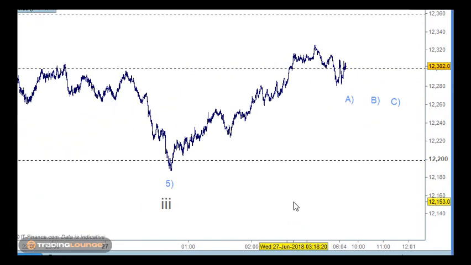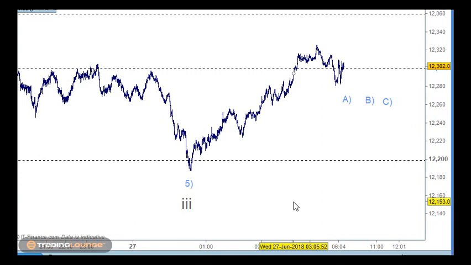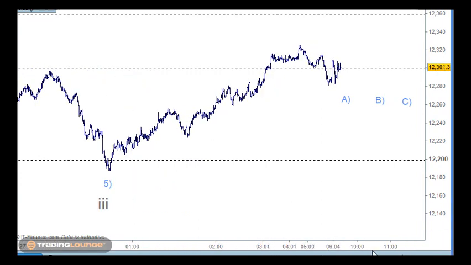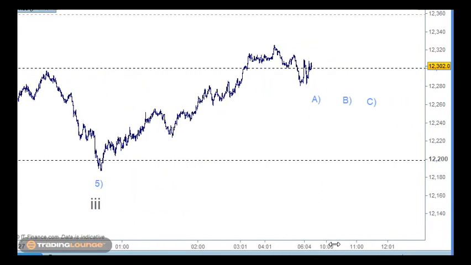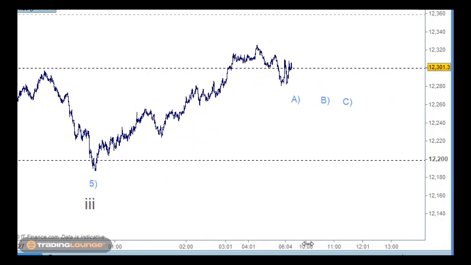I think I've done some work on here. Yes, I have, but in a slightly different way. Okay, so what I can say here, this is 12,300. What I can see here so far is that this little move down is an A wave, a B wave, and a C wave here.